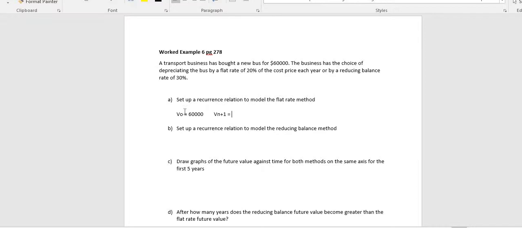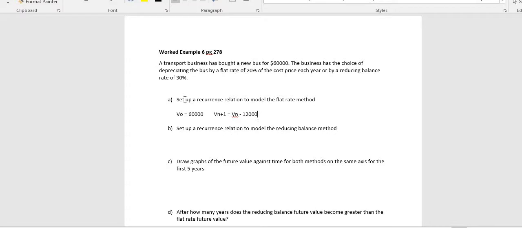So Vn plus 1 equals Vn minus 20% of $60,000. So that's the dollar amount that you're going to come down by every year or every time period. Now 20% of $60,000 on your calculators works out to be $12,000.